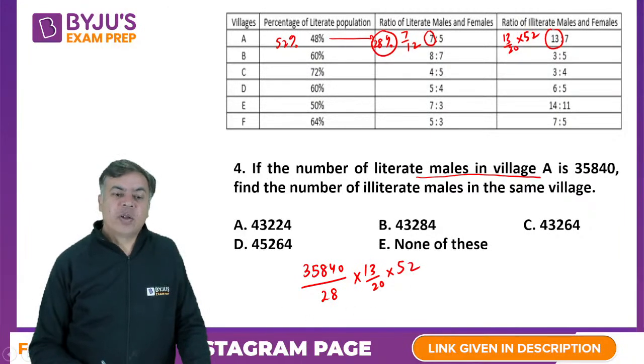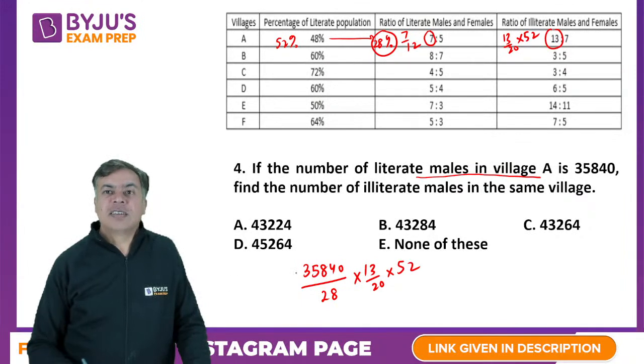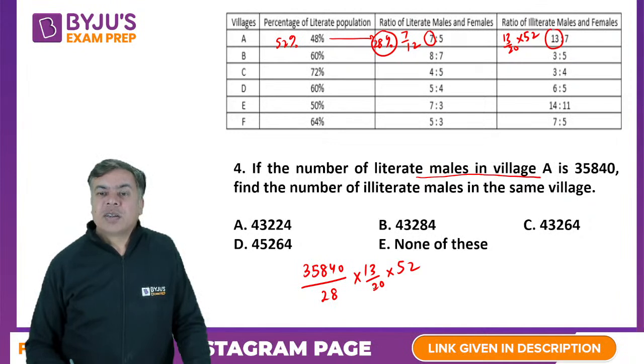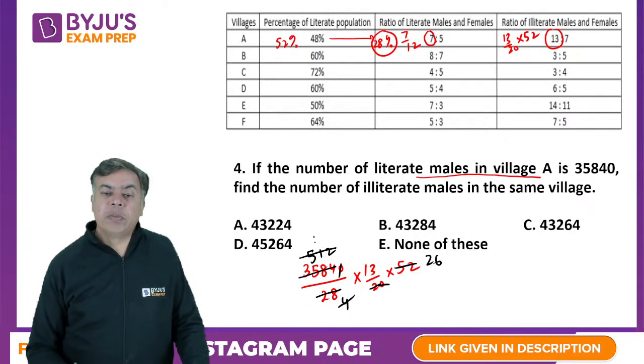Right? Okay. So do like this. Yes, 13 by 20 of 52, that I want to calculate. Okay, 0 cancelled. 2 I will cancel here. So 28, if 7 I will cancel, 7 into 4, 7 into 5, this will be 128.